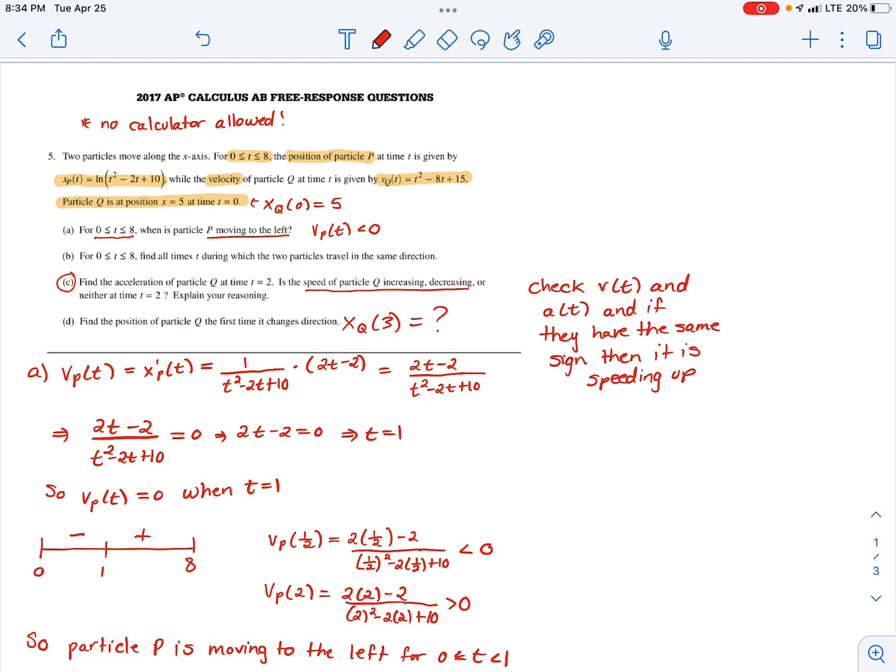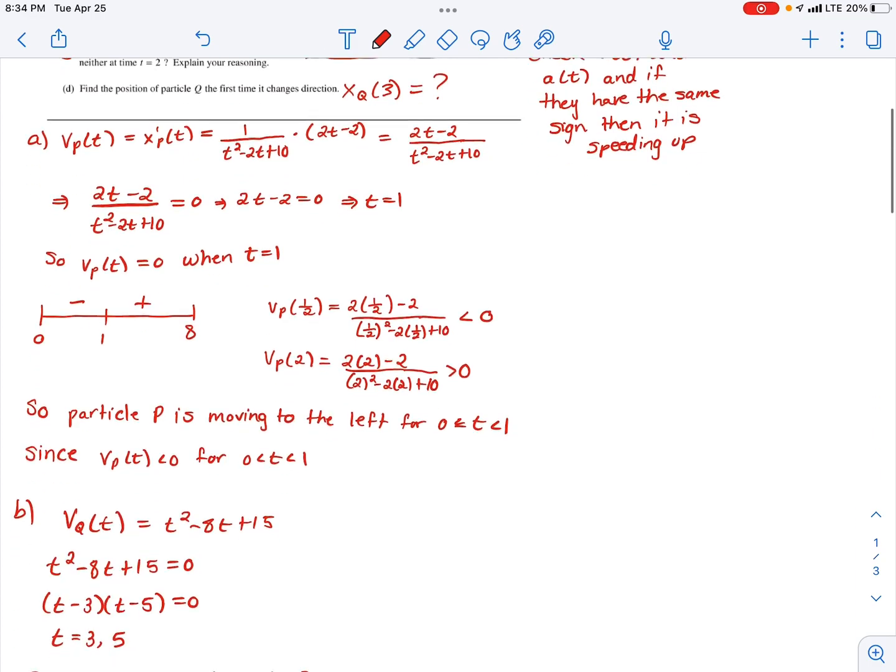That's the question. Okay. So if you recall back, we were given an initial condition. We were given the position of particle Q at 0, right? So just like we did before, where we were thinking about FTC yesterday, now we're going to think about FTC again, because we have the initial plus the integral will give us our value here.